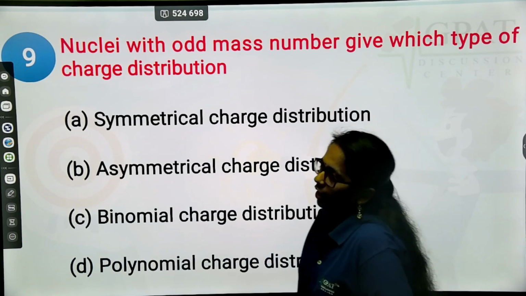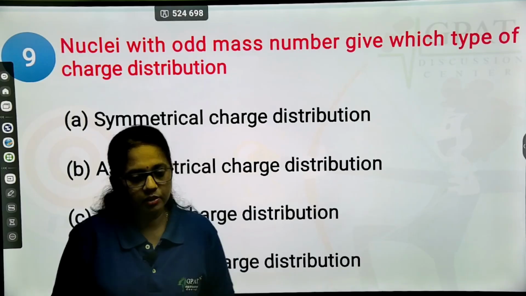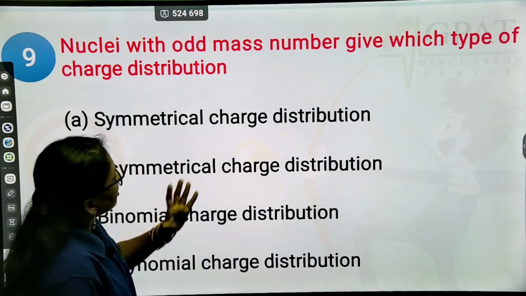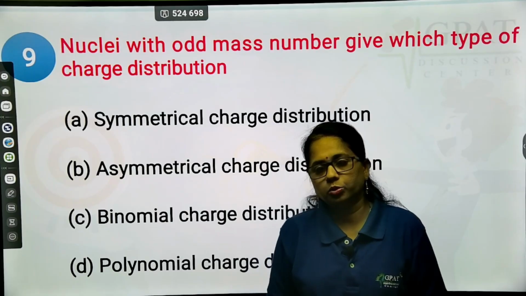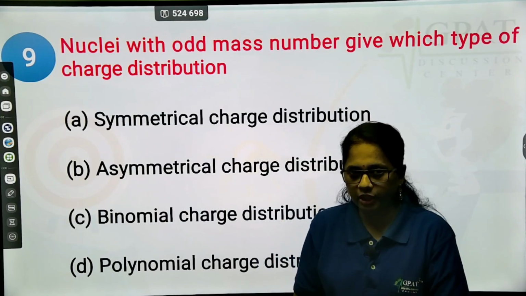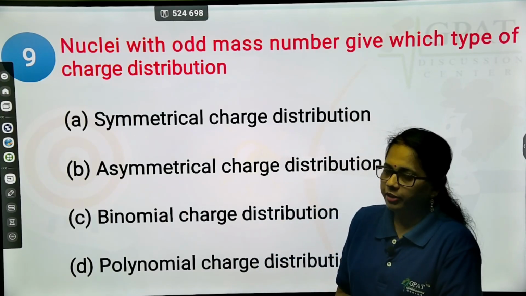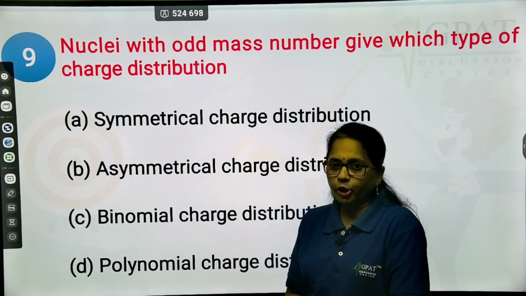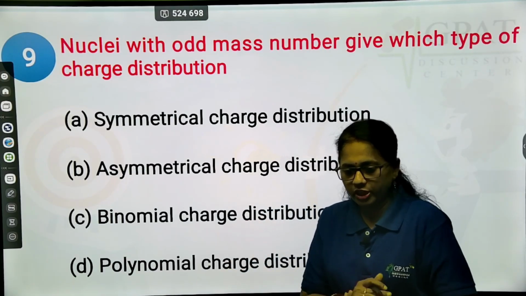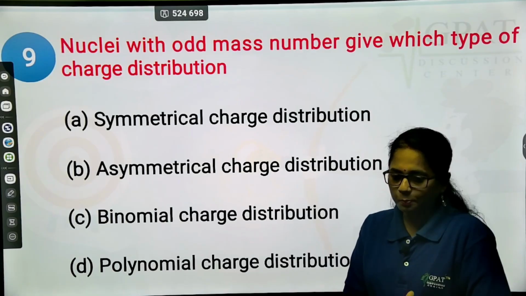Next question: nuclei with odd mass number give which type of charge distribution? Whenever we apply a magnetic field to the molecules and give radio frequency as energy, a charge distribution also occurs in the molecule.